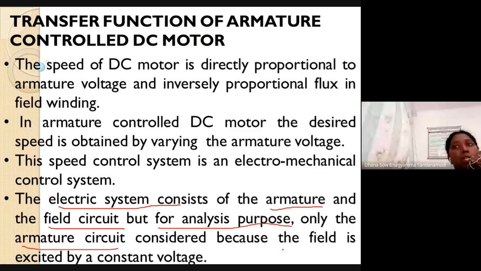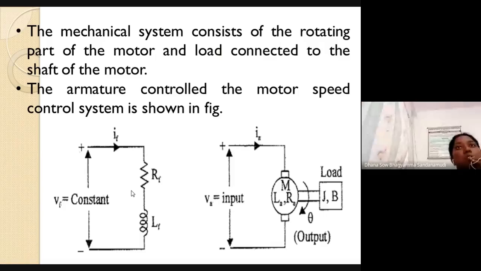Why? Because the field is excited by a constant voltage. That's why I will consider only the armature circuit for the analysis. Okay, let us go to the next slide.